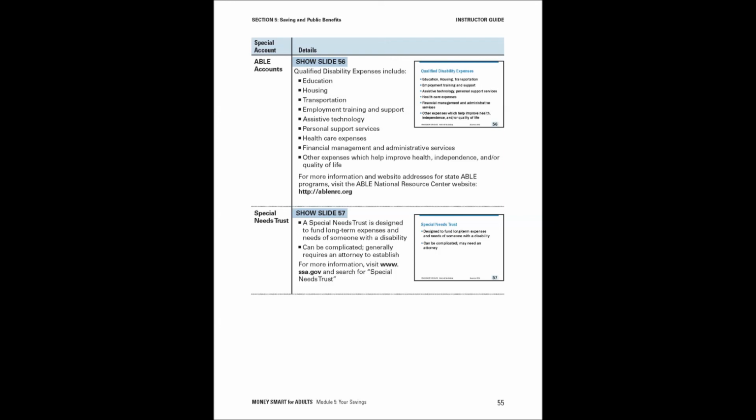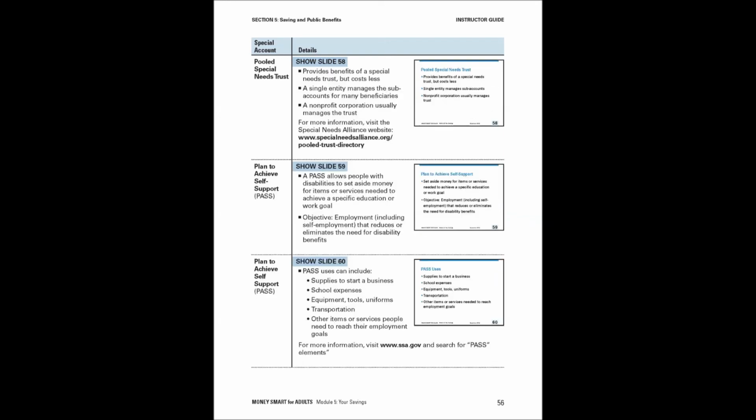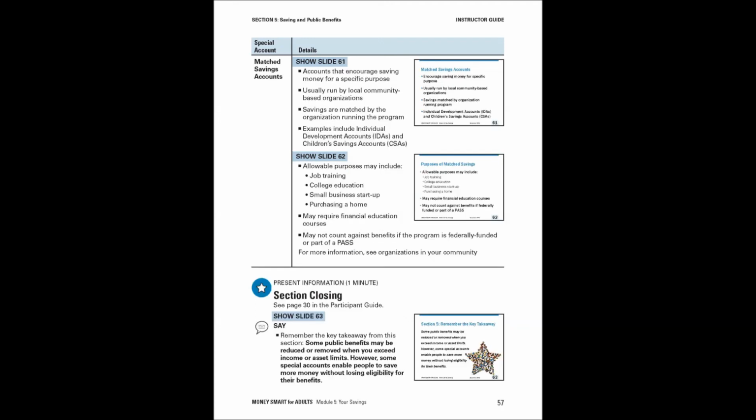And so as you go through these special accounts, you'll be given information on the ABLE accounts, special needs trusts, pooled special needs trusts, plan to achieve self-support, which is PASS accounts, and match savings accounts.